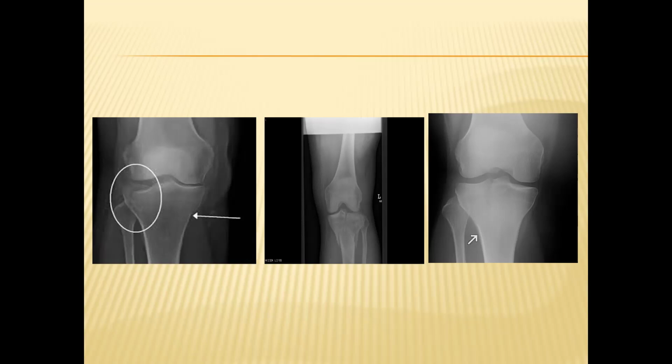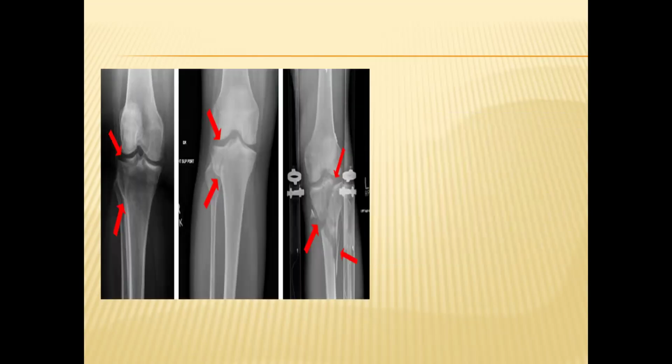For the management, if the fracture is not displaced, we can apply a cast or a posterior slab, and the patient can be managed conservatively. If the fractures are displaced, this may need closed reduction and cast, and follow-up.